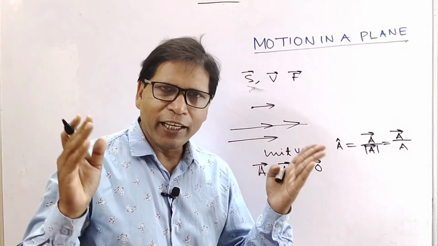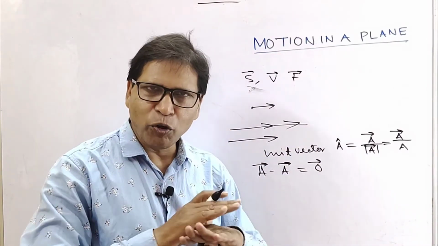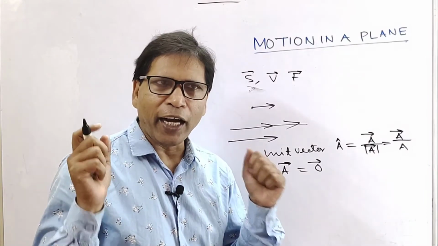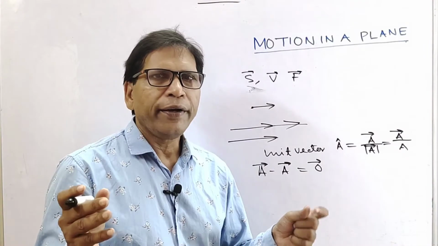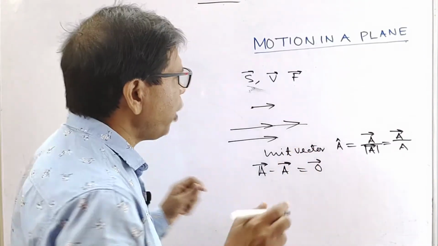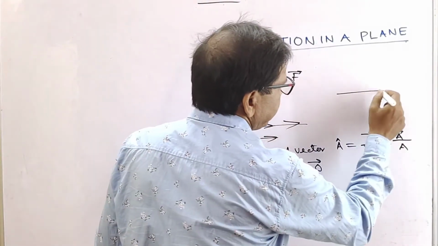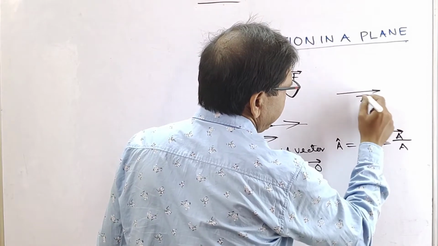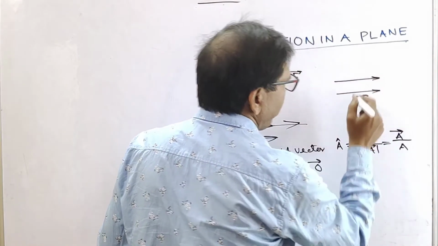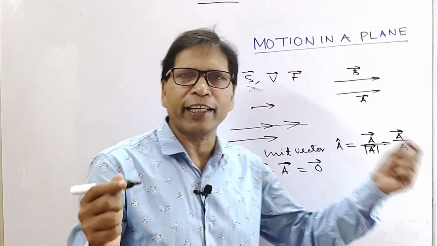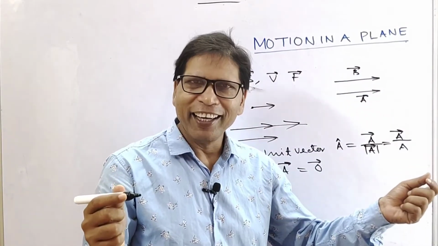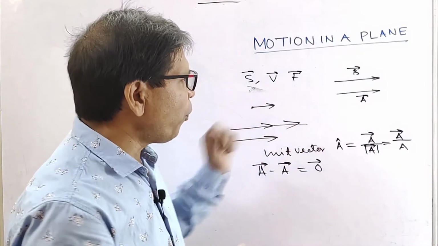As a null vector has no magnitude, we can't specify its direction. Now equal vector. Two vectors, suppose A vector and B vector, are equal if they have the same magnitude and direction.